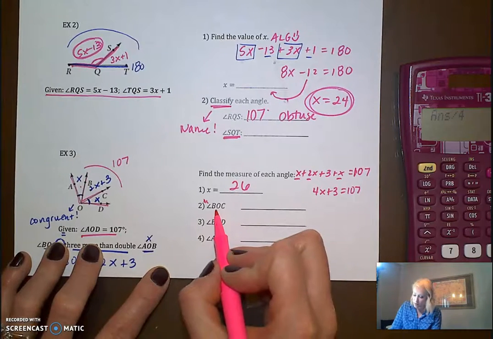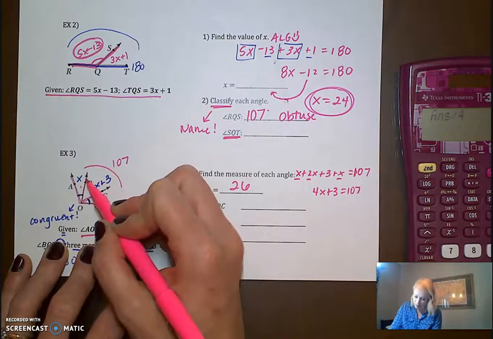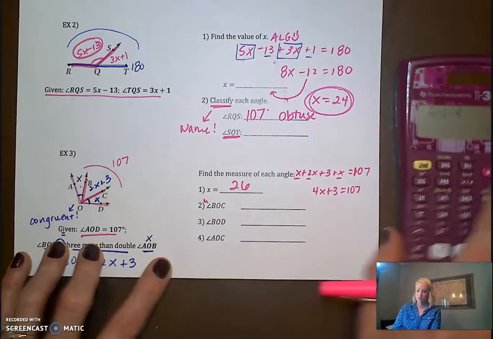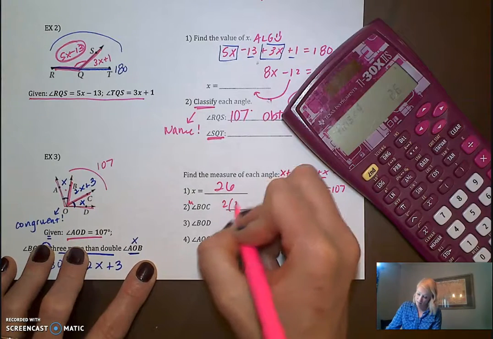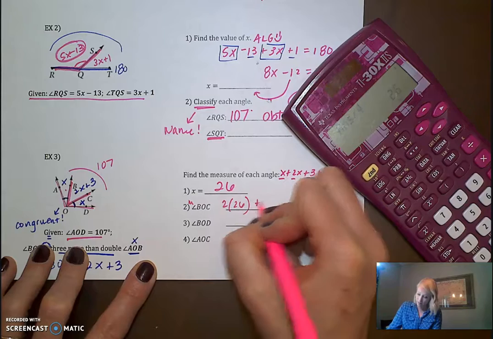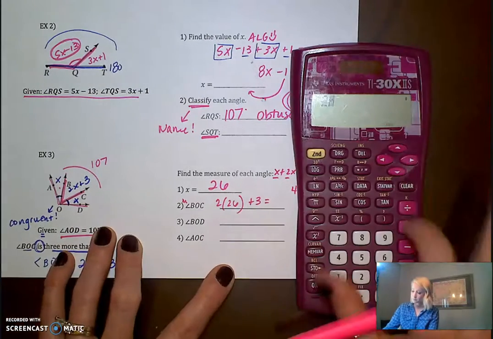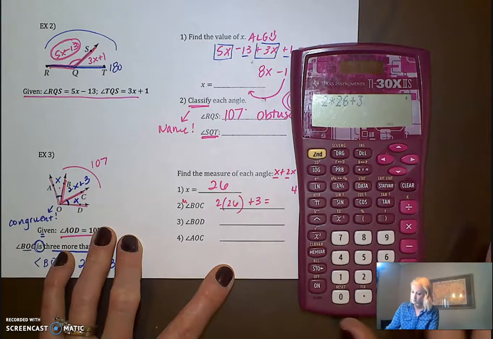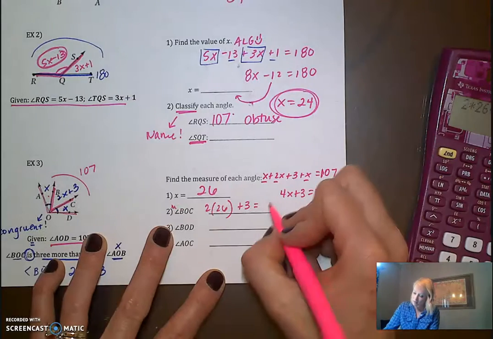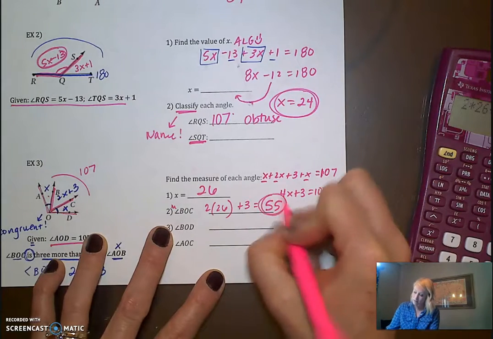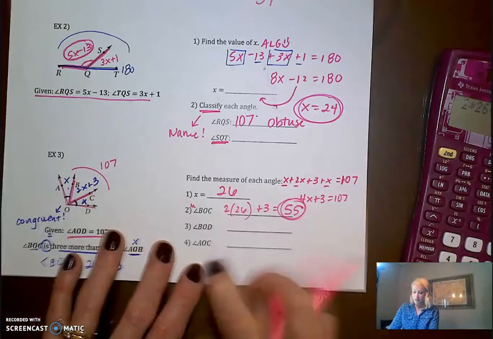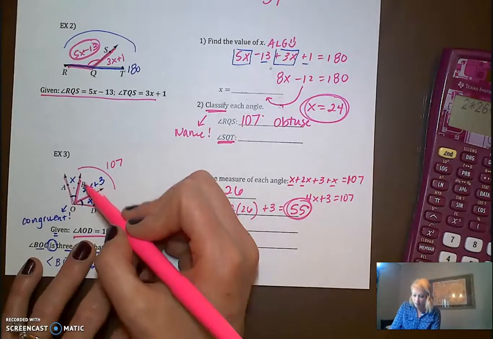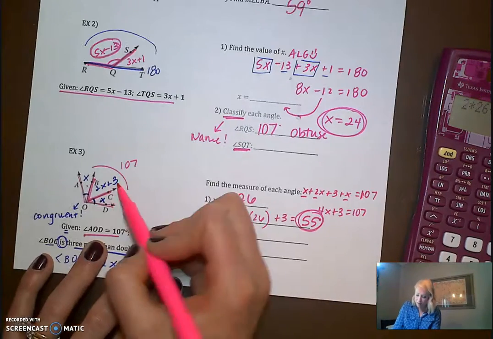So let's do BOC. That's the middle 2X plus 3 guy. So I'm going to do 2 times 26, because that's what X was. So that guy's 55 degrees. Running out of room here. BOD, okay, look at my picture.